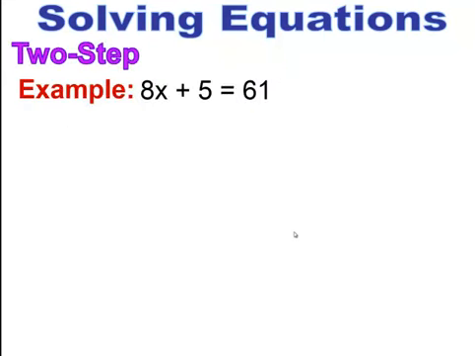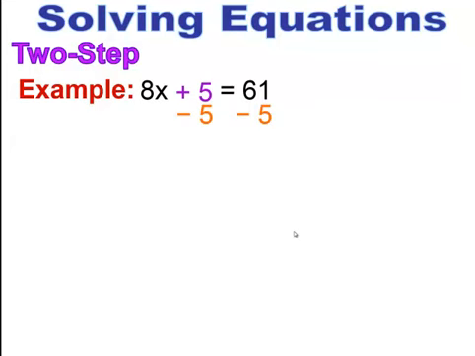So here's an example. I have 8x plus 5 equals 61. Well, I don't want to deal with that 8 that's attached to the variable first. I want to get rid of the plus or minus first. So in this case, I have a plus 5, so I have to do the inverse of plus, which would be subtraction.